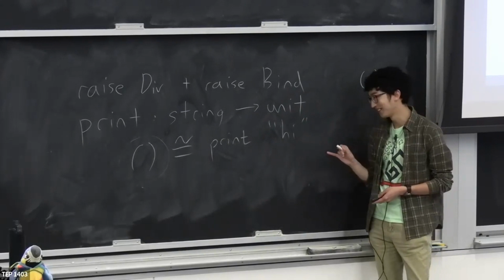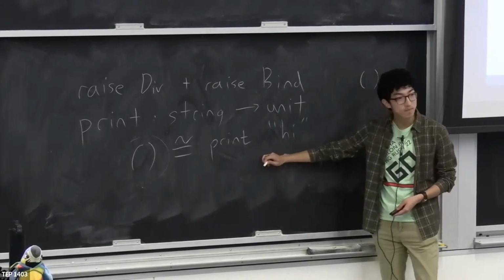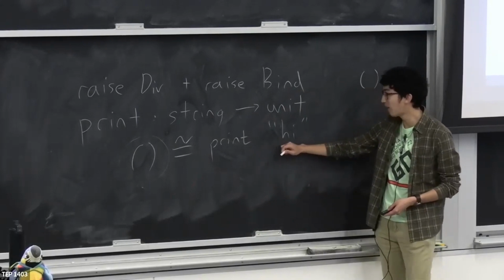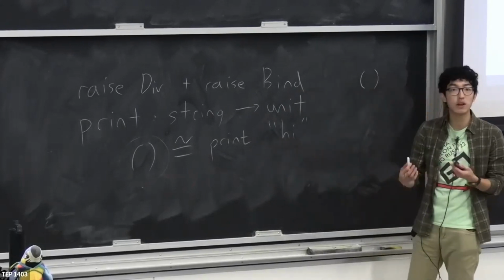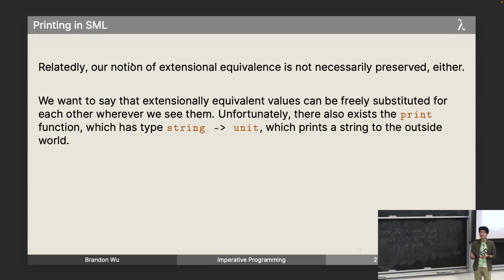Indeed, it will not. Okay, I don't need your sass. It will not, because I'm going to get a metric buttload of prints of "hi" everywhere when I should have gotten unit. So printing also makes this idea wrong. Mutability just makes us have to reconsider our lives and our definition of extensional equivalence.